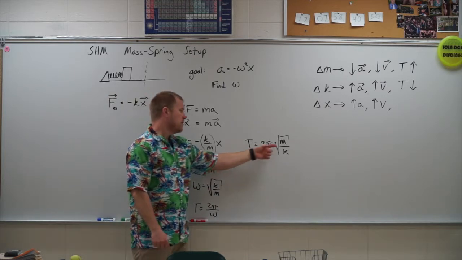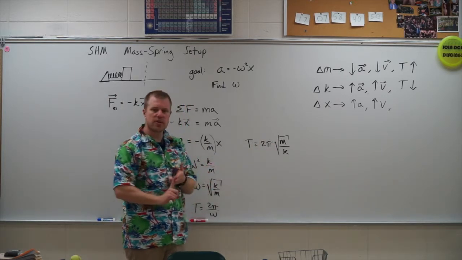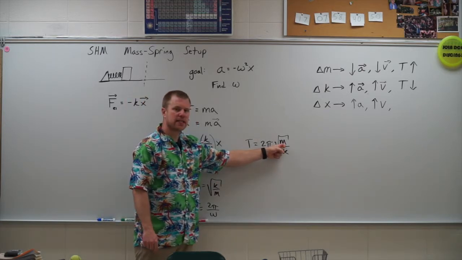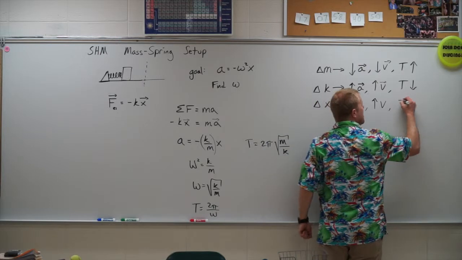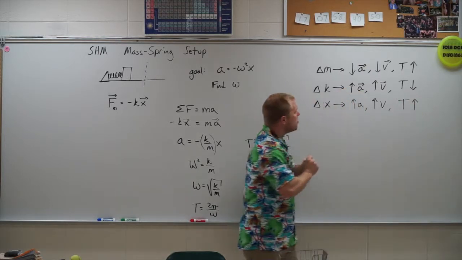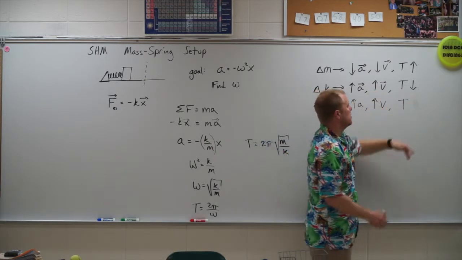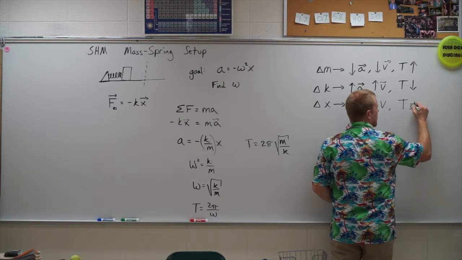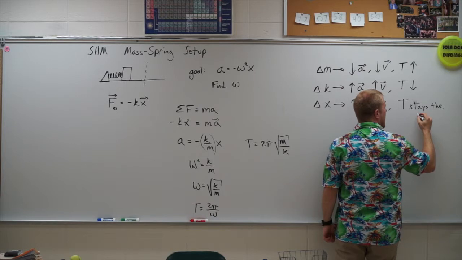But you might say, okay, I've increased the acceleration, I've increased the velocity, but I haven't changed the mass, I haven't changed the k, so my period doesn't change. So how can that be? How can I have increased the acceleration and increased the velocity, but the period stays the same? How do I get the period to stay the same?